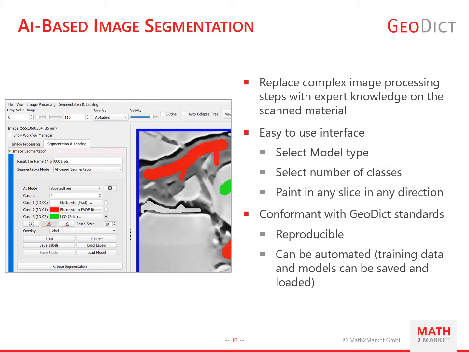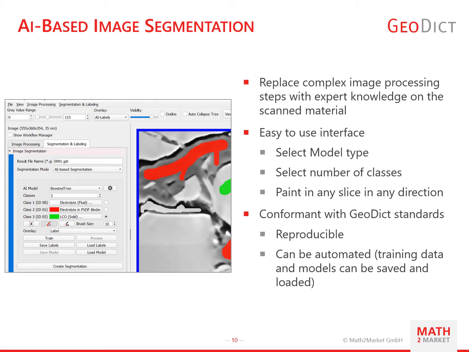You can paint in any direction you want, so in the usual import GeoVol interface where you have the X, Y, and Z direction, you can paint anywhere. You can slice through the scan and paint. And this tool is also conformal with the usual Geodict standards. So it is reproducible. You can save your label data, you can save your model to later reproduce what you have done. And it can also be automated if you save the training data or the model.